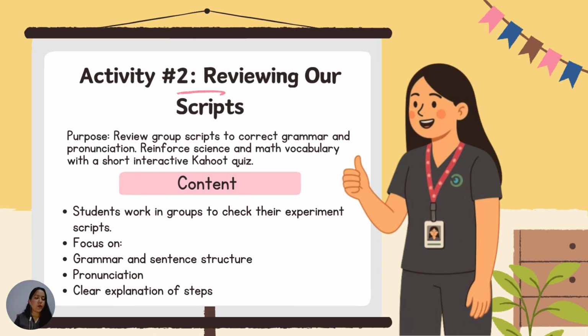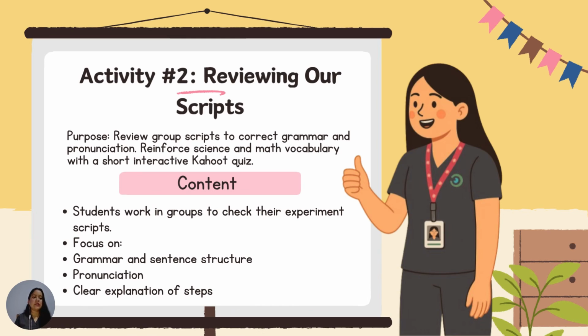Well, our next activity is reviewing our scripts. The purpose of this activity was to review the group scripts to correct grammar and pronunciation mistakes, and we are going to reinforce science and math vocabulary with a short interactive Kahoot quiz.